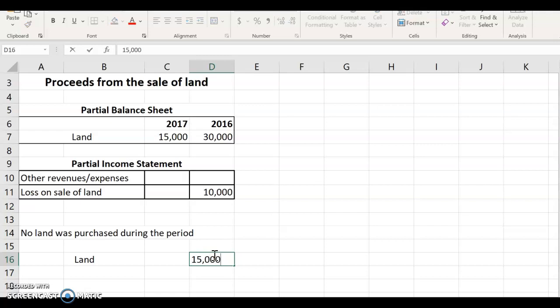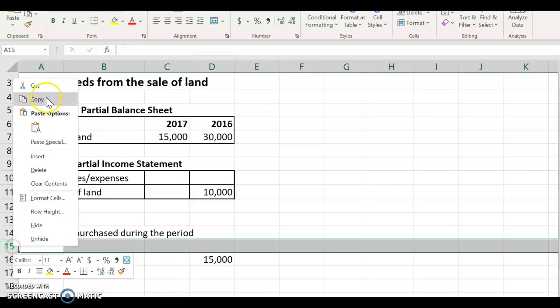Now we don't know how much cash we got, but we do look to our income statement and we see that we have a loss on the sale of land. And of course, this is a partial income statement. So this is not a debit or a credit. This is actually a loss on the sale of land. And so a loss got onto that financial statement by having a debit of 10,000.